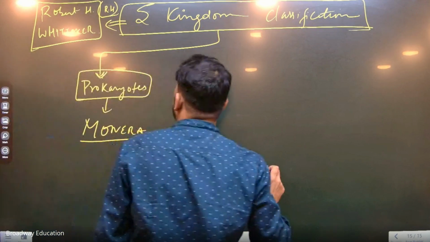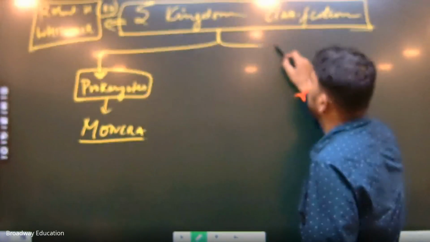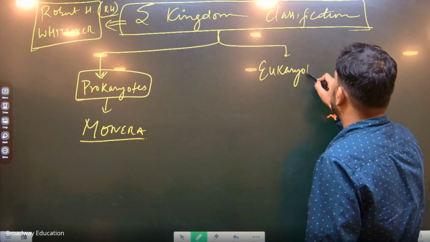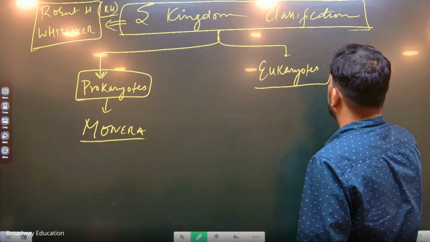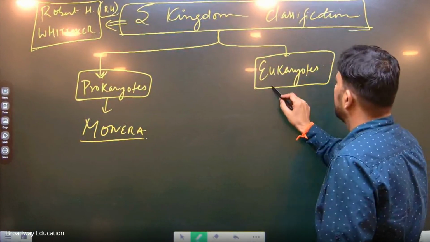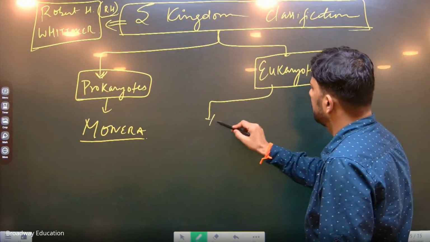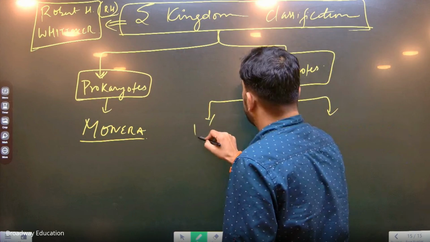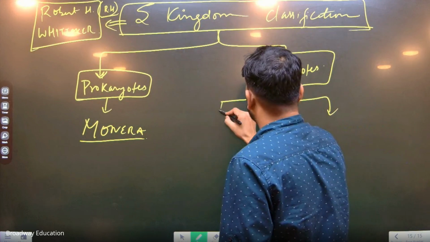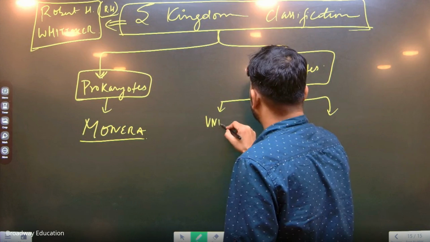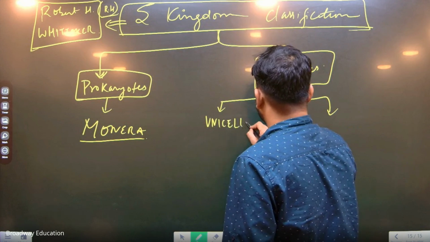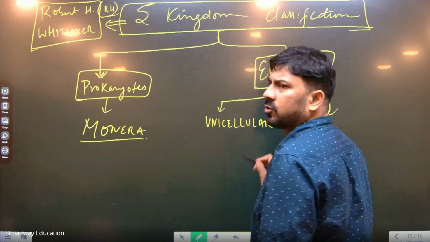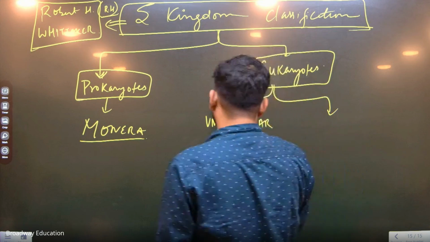First one was Monera. Please draw this flowchart with me only. Okay.